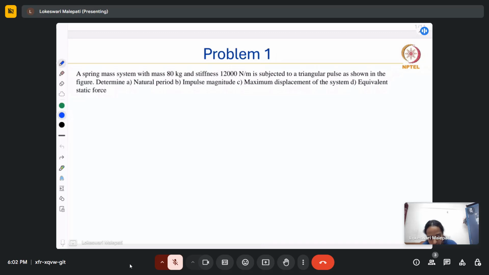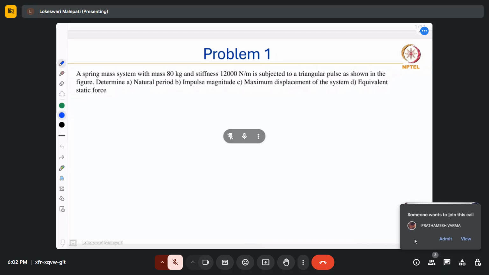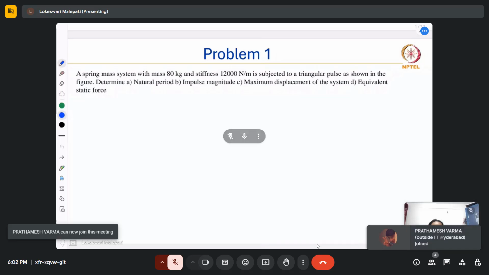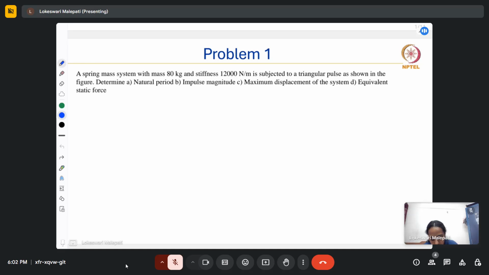So the first problem is on a spring mass system with mass 80 kg and stiffness 12,000 Newton per meter, subjected to a triangular pulse as shown in the figure.